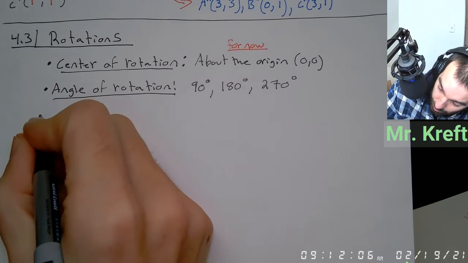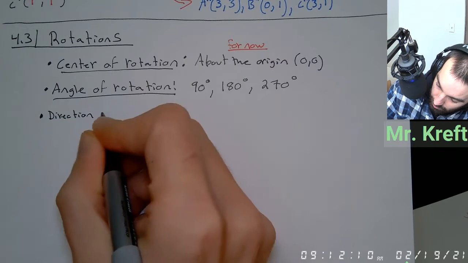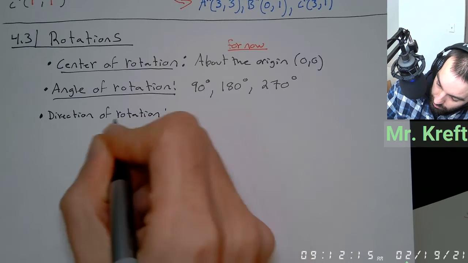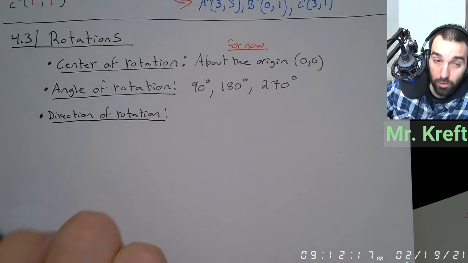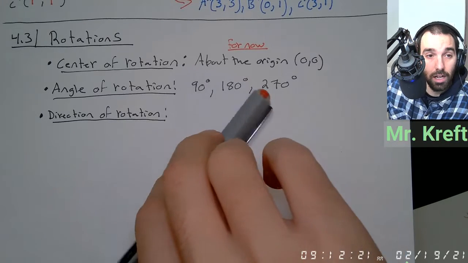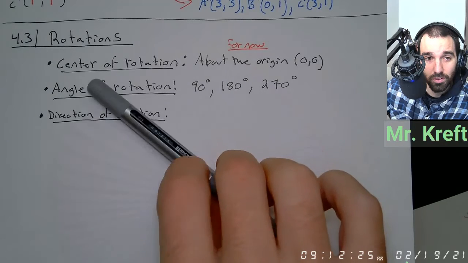Okay, then we're going to have the direction of rotation. So if I had this pen, I can rotate it clockwise, which is the way that an analog clock goes.